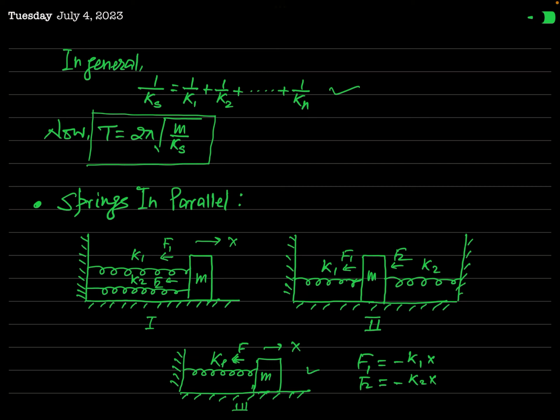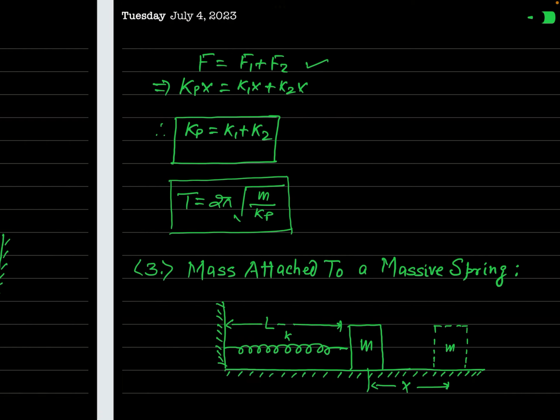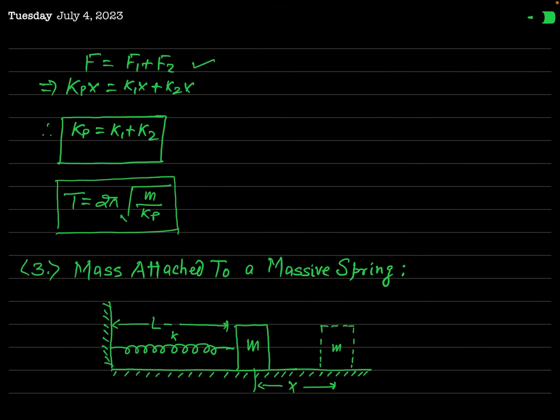The third figure is the equivalent figure of the combination, and this F will be equal to minus Kp into x. Kp, P has been used for parallel combination, and F1 will be minus K1x, F2 minus K2x. Again, each term will contain a minus sign, so I have omitted that. So I have written Kp times x equal to K1x plus K2x. Now x is a common factor that will cancel out, and so you will get the equivalent spring constant Kp equal to K1 plus K2.